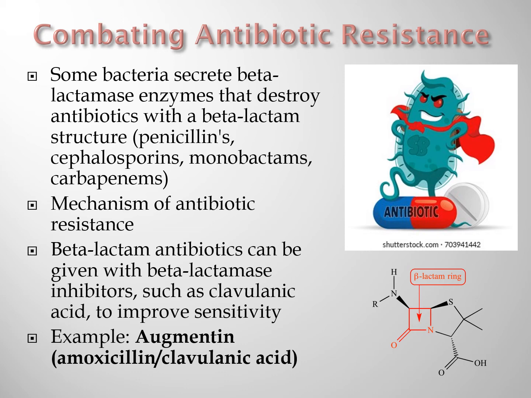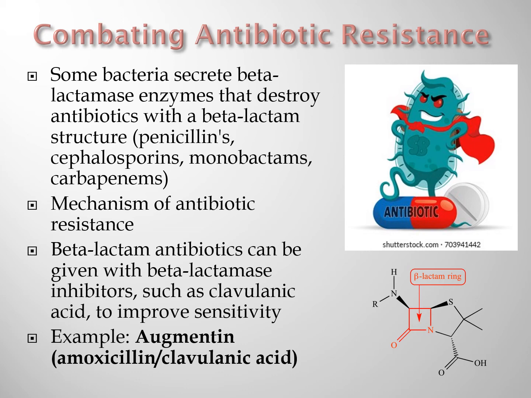So if bacteria can produce an enzyme called beta-lactamase, they can destroy penicillin type antibiotics, such as, well, all penicillins. Cephalosporins are very similar to penicillins. They're kind of like a cousin. And then the other ones that are less frequently used, except in the ICU, monobactams, carbapenems.